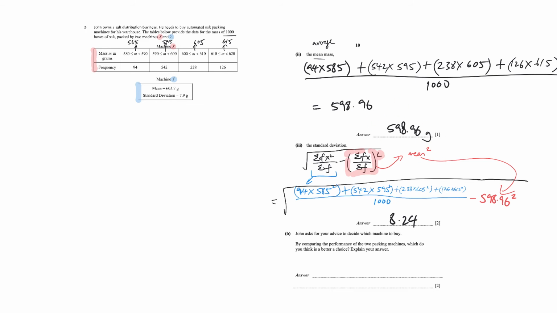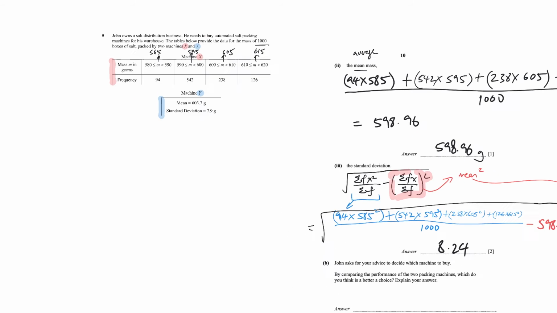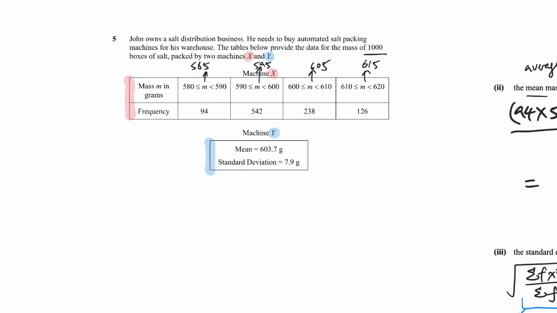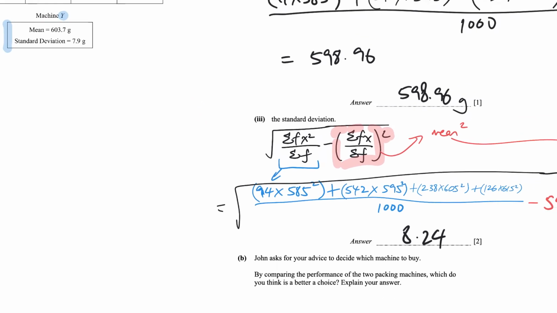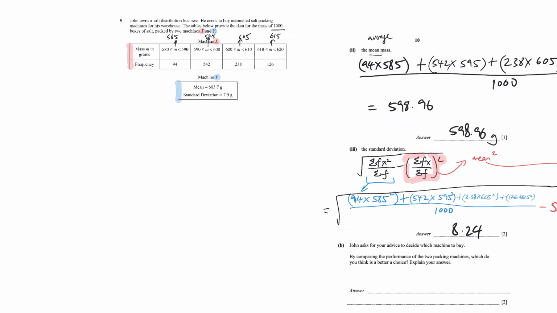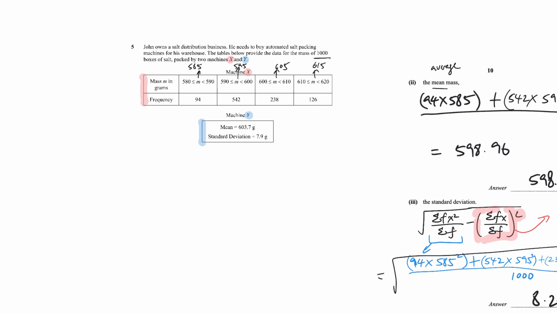We're trying to automate the salt packing, so you want all of them to be packed with the same amount of salt in each box. We see that a lot of them are very close to 590 all the way to 610. The mean here is like 603, and the mean there is 598. It seems that we are trying to pack boxes of 600 grams.